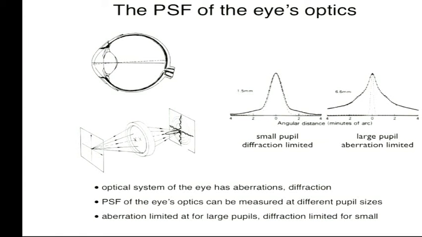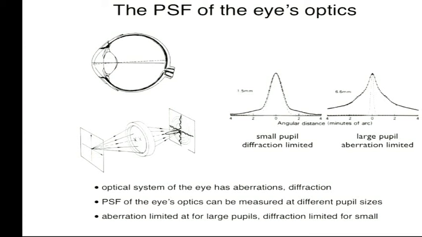And so what happens in the visual system is that at daylight levels, the pupil gets smaller and smaller to compensate for the light level.